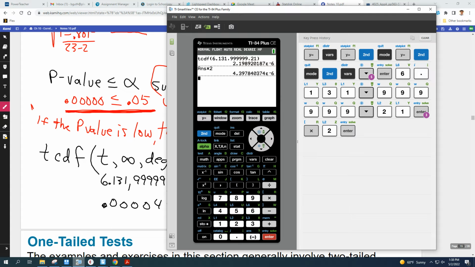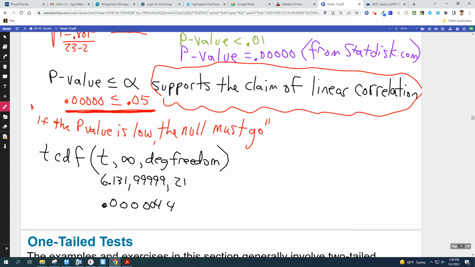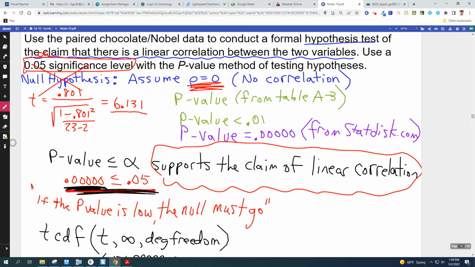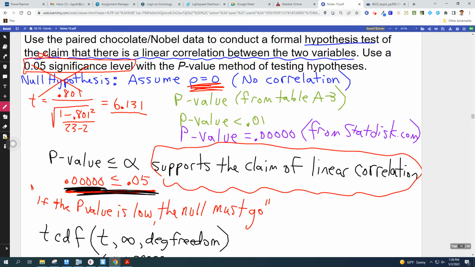E-6 means move over 6 places, so let's squeeze another 0 in there. Okay, that's your p-value. And that supports this number right here, 0.00000. 0.0000044 is the p-value, but we'd still have to test it with alpha, which was the significance level.